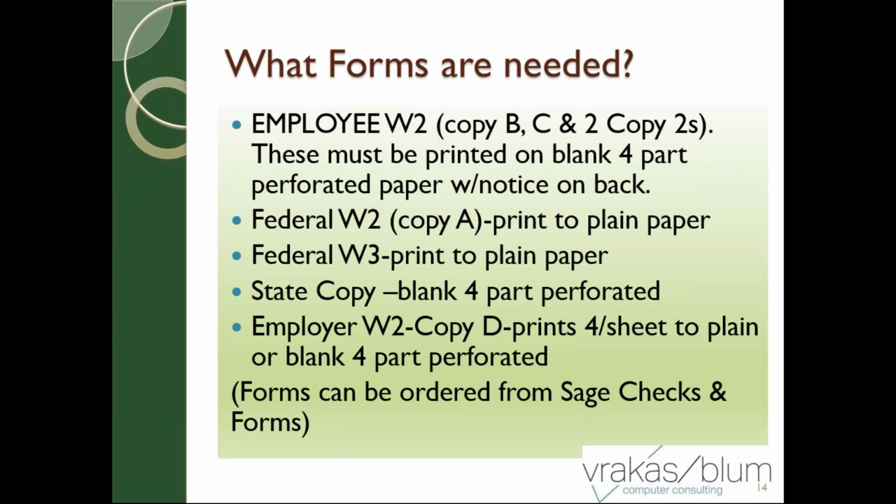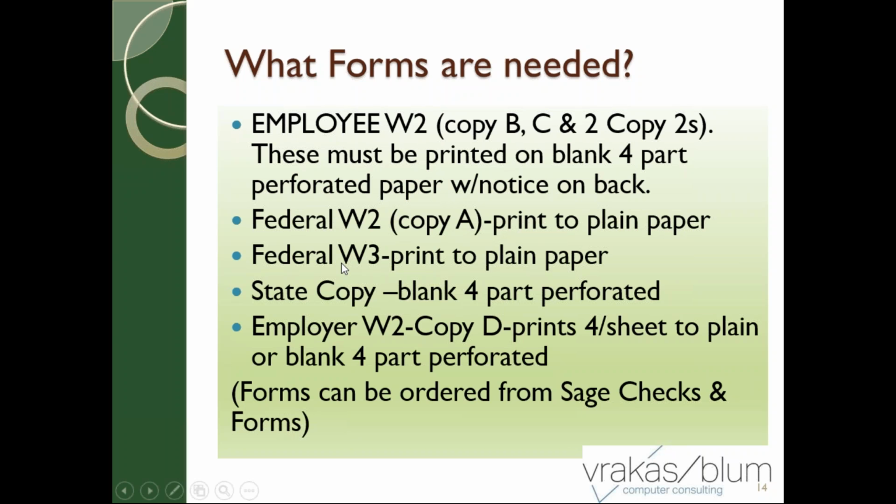What forms are needed? For an employee W-2, you're going to need the copy B, C, and 2 copies of copy 2s. These must be printed on blank 4-part perforated paper with the notice on the back. For the federal W-2, copy A is required, and you can print that to plain paper.